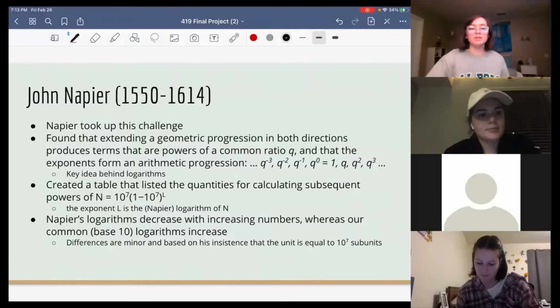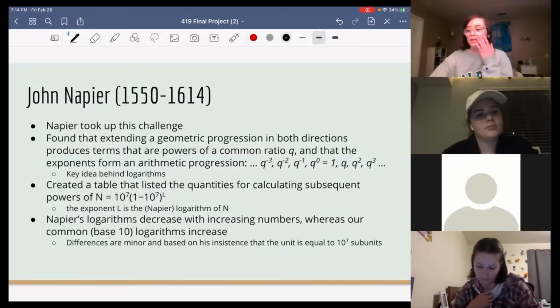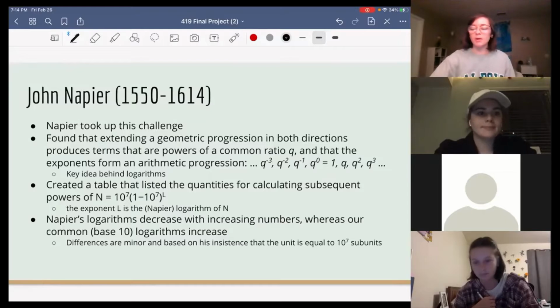So he also created a table that listed the quantities for calculating subsequent powers, where N, which stands for Napier logarithm, equals 10^7 times (1 minus 10^-7) to the L power. So his main goal in this case was to reduce the enormous labor involved in trig calculations. So he followed the practice used in geometry at the time of dividing a radius of a circle into 10 million, or 10^7, subunits.